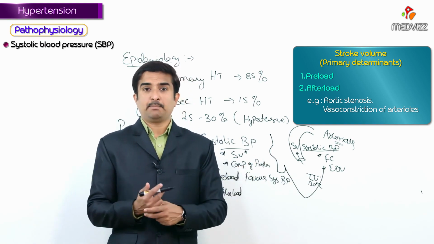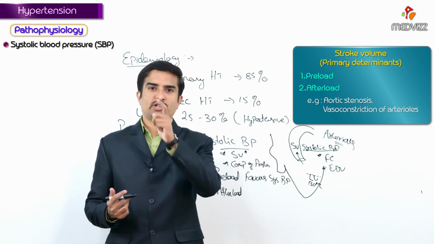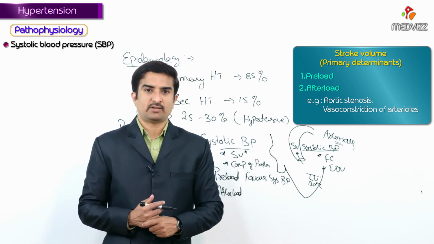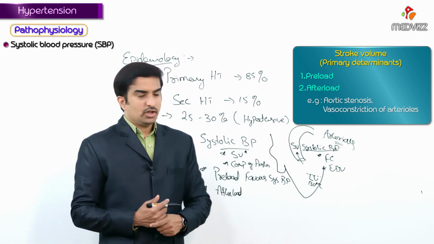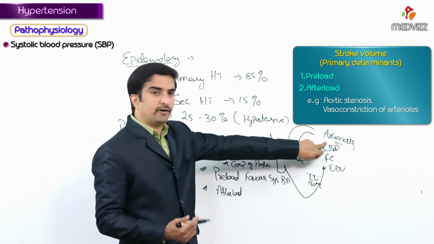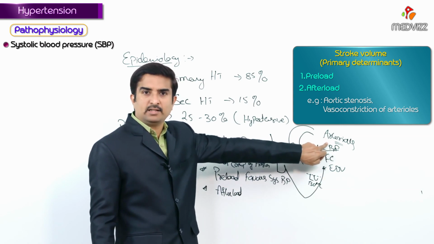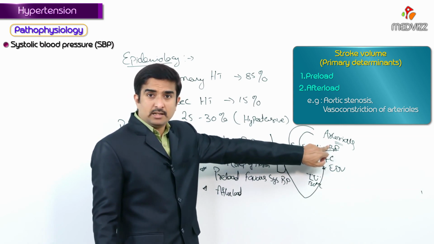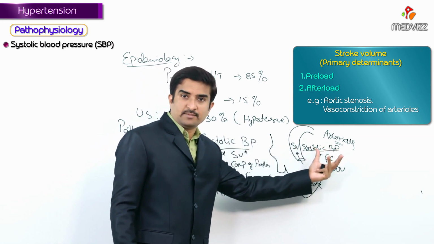And another best example I can say is vasoconstriction of peripheral vascular resistant vessels. Whenever there is a vasoconstriction of arterioles, that is peripheral vascular resistant vessels, it creates a greater resistance.